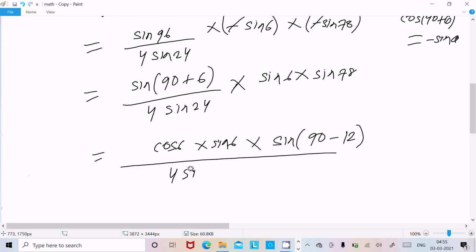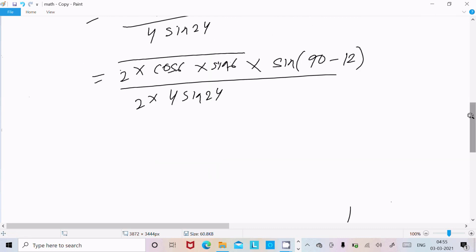Write the below part sin 24. Again we multiply by 2 in the numerator and denominator. So 2 sin θ cos θ again comes, so we can write sin 2θ: 2 into 6 becomes 12. And here this becomes 8 sin 24 and cos 12.